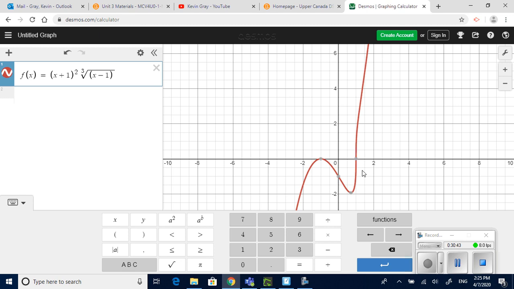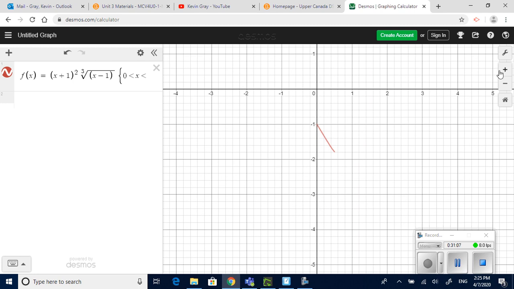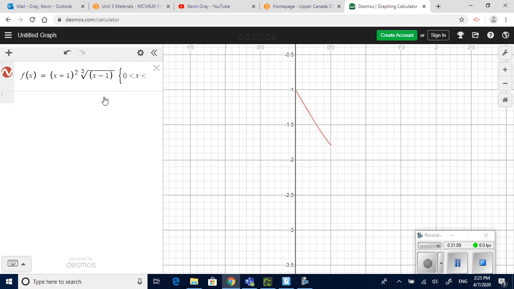Now, if I recall, how do I do this? 0, 2, and then I close my brackets. Okay. And I can zoom right in, and there's my little function.